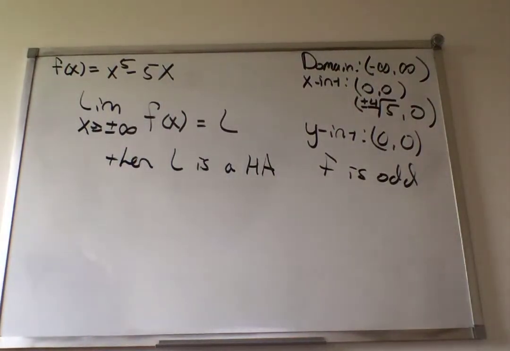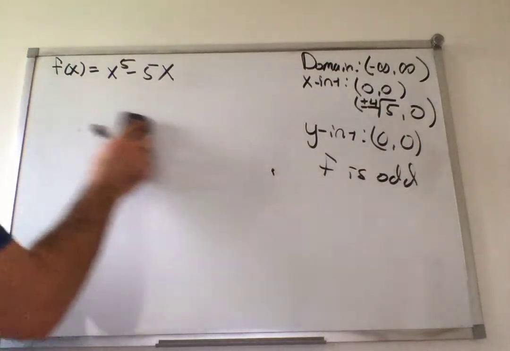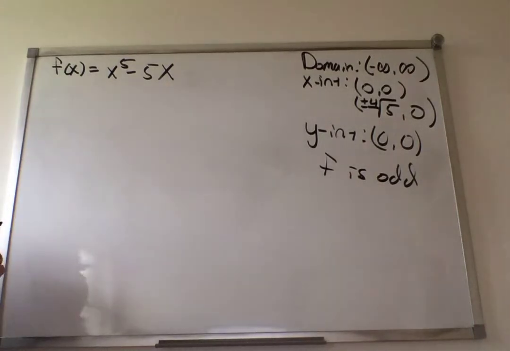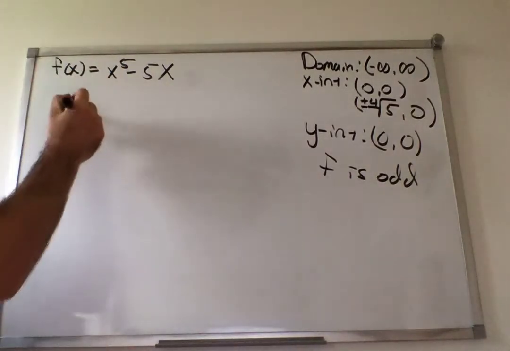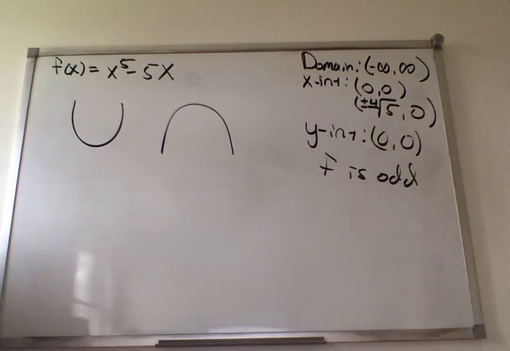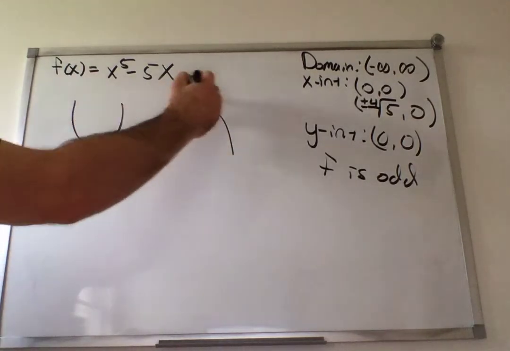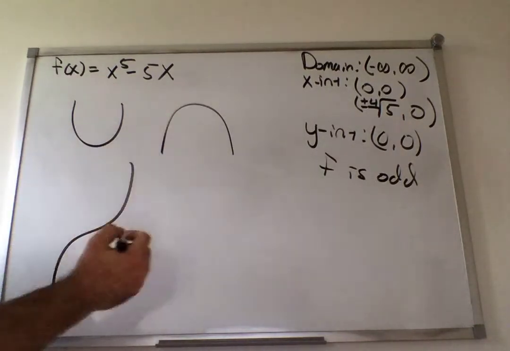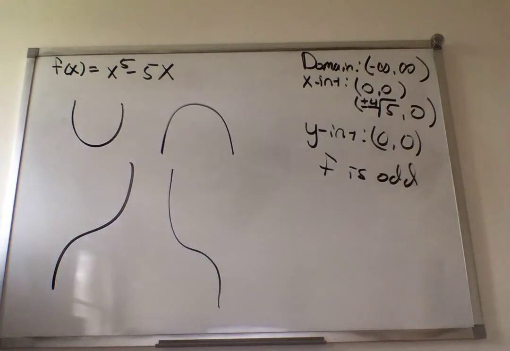However, since this is a polynomial, all polynomial functions have a basic shape to them. If it's an even function, they look like this or they look like that, generally. They may have some little humps in here in the middle. An odd function always looks like this or it looks like this, okay?